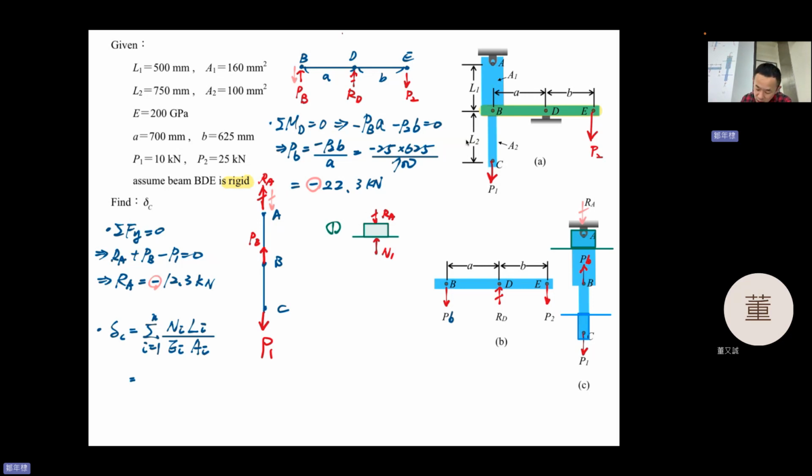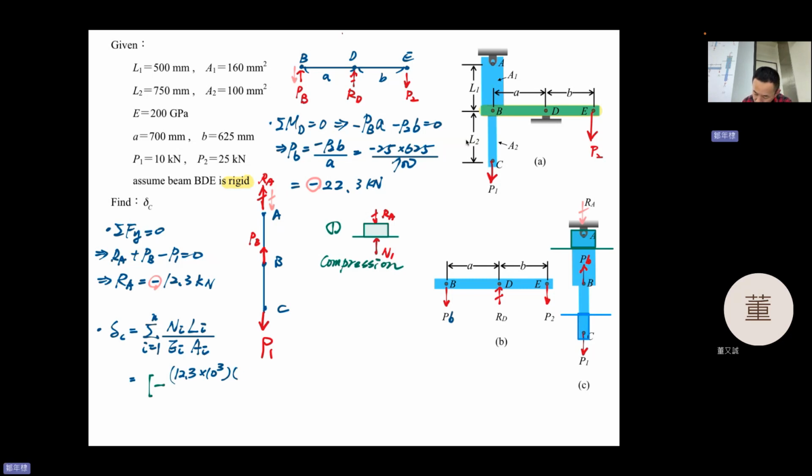So it must be compression. Yes, because RA direction is, we are sure that is correct, and N1 is upward. Okay, so this is a minus, and the force will be 12.3 times 10 to the 3, 12.3 kN, right?